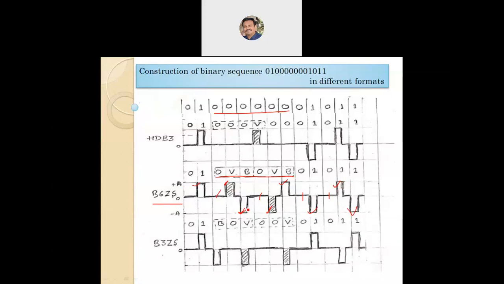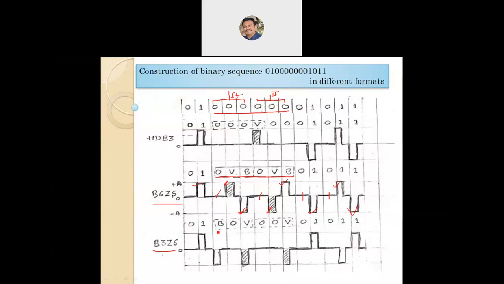The last different format we are going to discuss is B3ZS. So B3ZS we have chosen for the given sequence. Here we are going to observe the first 3 zeros group, then another one, the second 3 zeros group.